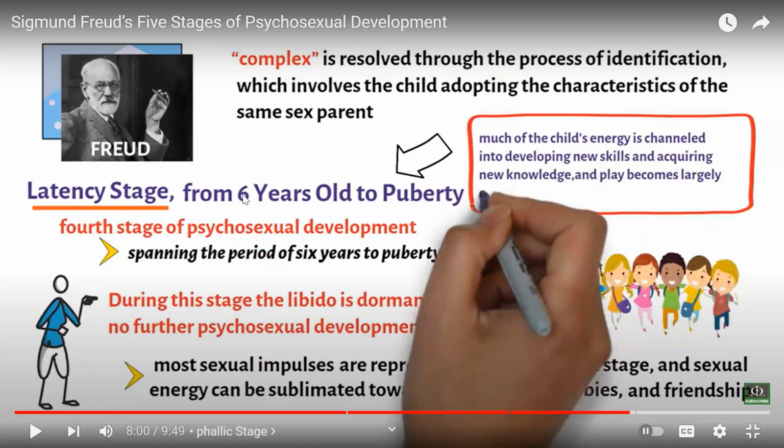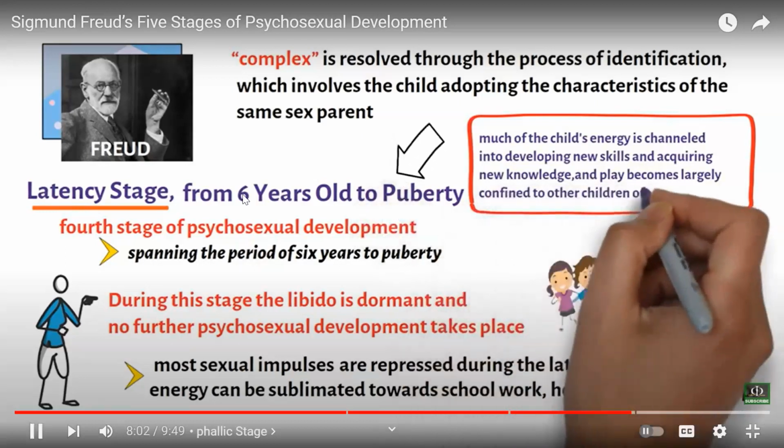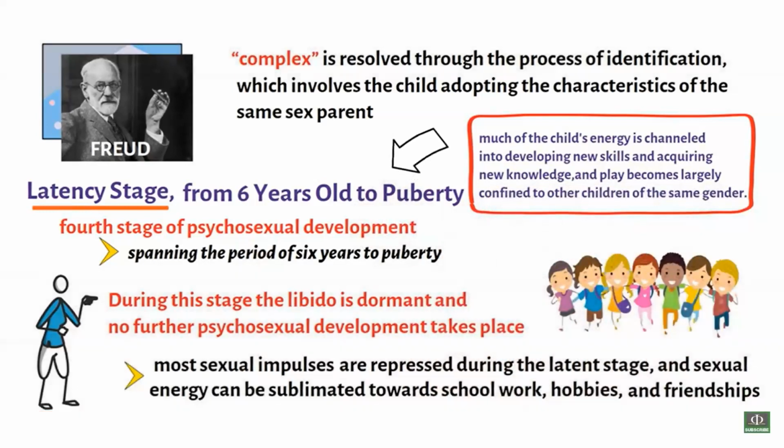That kind of activities can be done during this period, because this is a very good age for them to develop their personality when they engage with different kinds of activities other than their studies. Actually confined to other children of the same gender. Same gender people are very, very important during that stage.